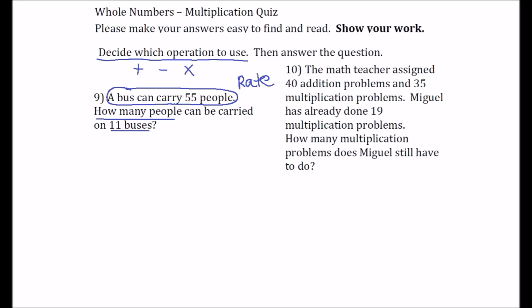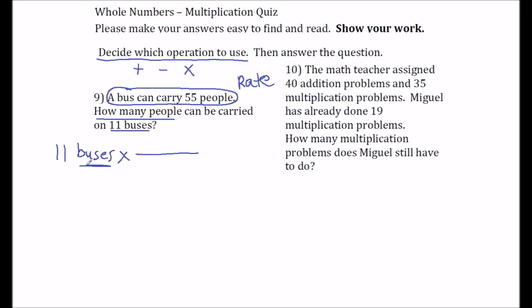So I'm going to start here. This to me says I'm going to multiply. I'm going to multiply 11 buses times the rate, and I just have to make sure I set that fraction up right. So I'm going to start with the 11 buses. And again, remember the importance of writing the words, because that's going to help guide me. 11 buses, and then this rate, I can either do 1 bus on top and 55 people on the bottom, or I can do 55 people on top and 1 bus on the bottom.